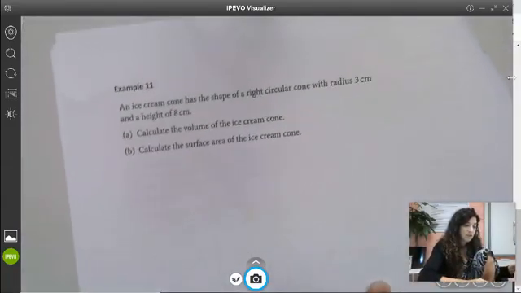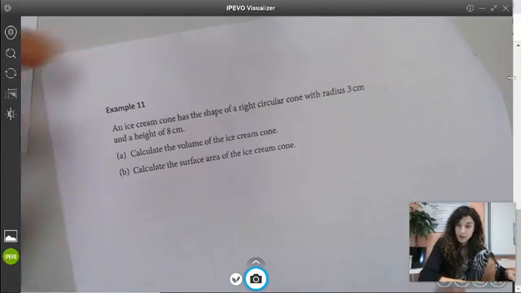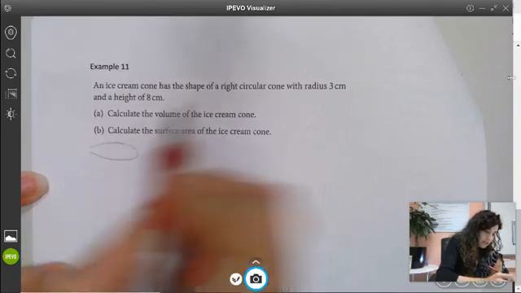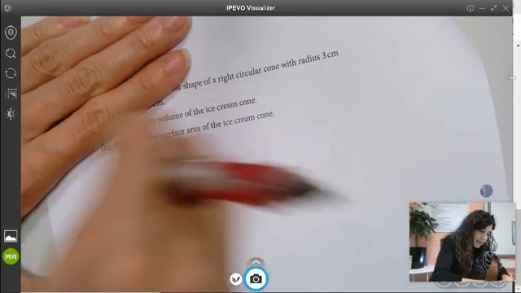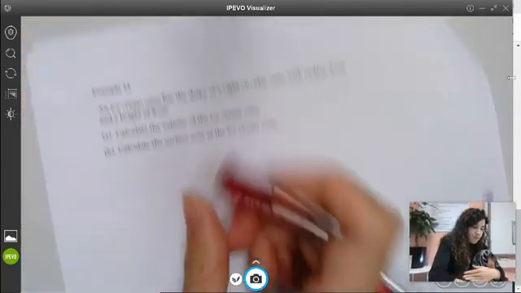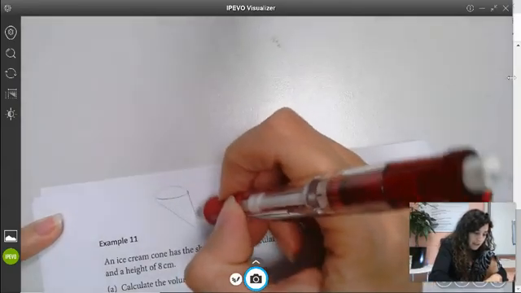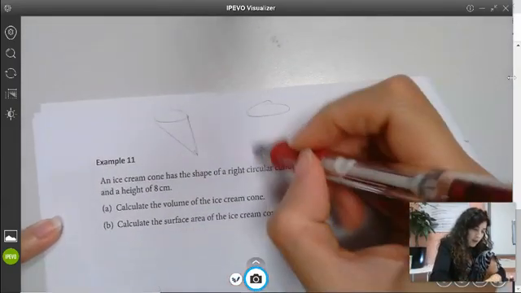Let's go ahead and just practice some three-dimensional geometry. An ice cream cone has the shape of a right circular cone with a radius of 3. Pause. Draw the picture. Right just means that the vertex is not skewed. For instance, I could draw a cone that looks like a tornado, and that is not a right circular cone.